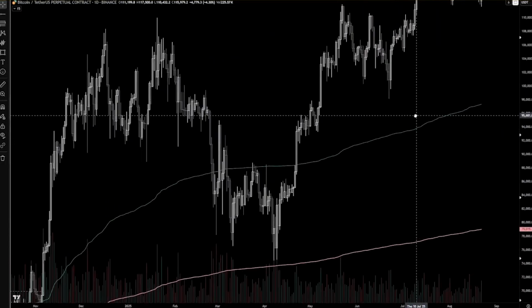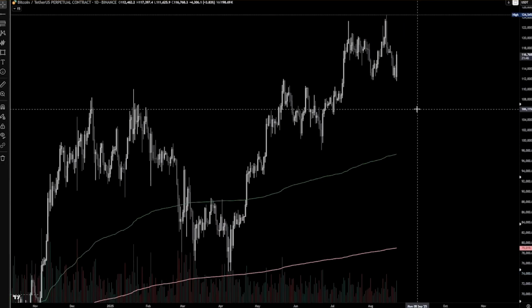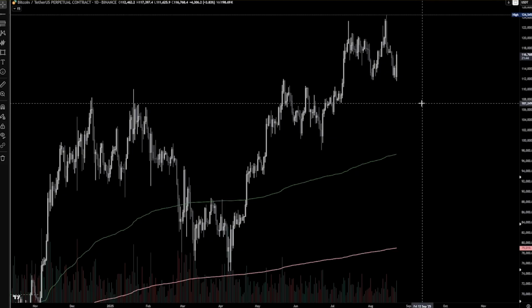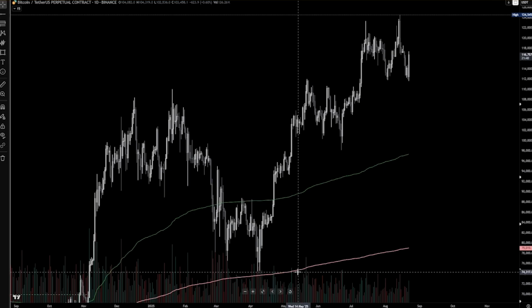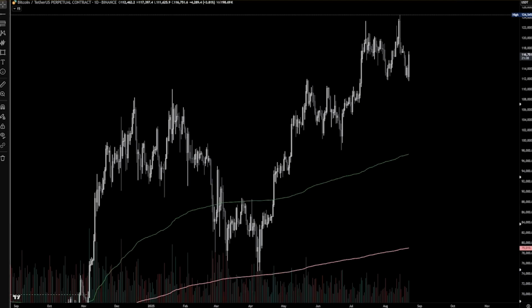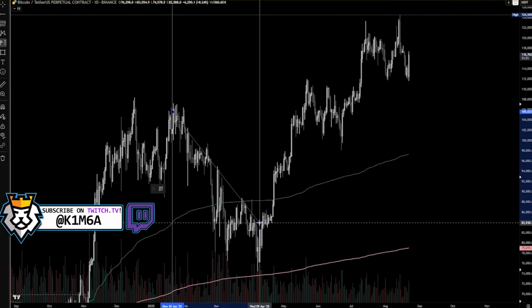Anybody bored or you want to like see something different? That was a fixed range, by the way. How about here? So getting a little bit more current with it. Let's say from the all-time high back in January.